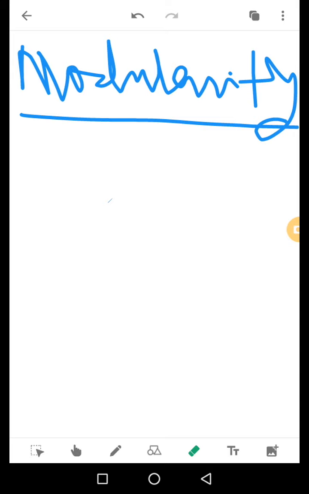So as I've said now, modularity is a general system concept, which is the degree to which a system's components may be separated and recombined. That is, separation and recombination of system components.